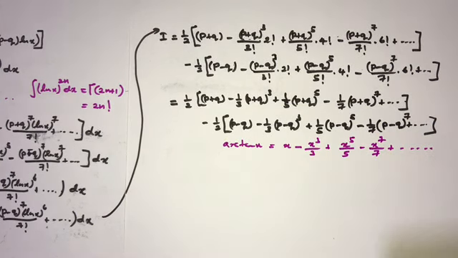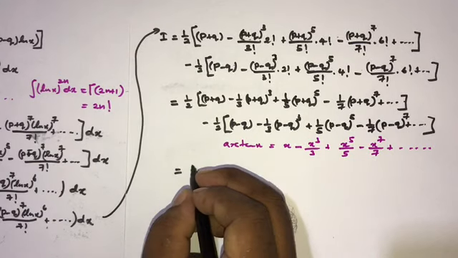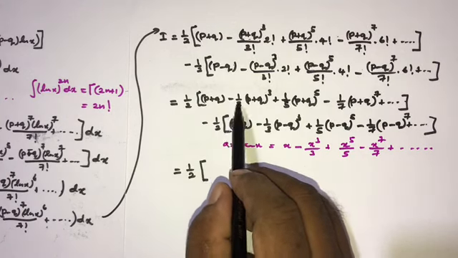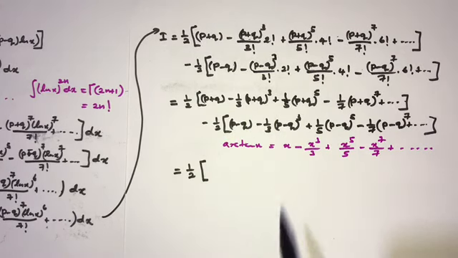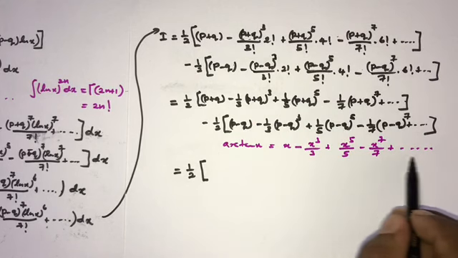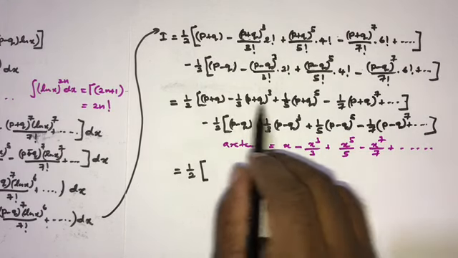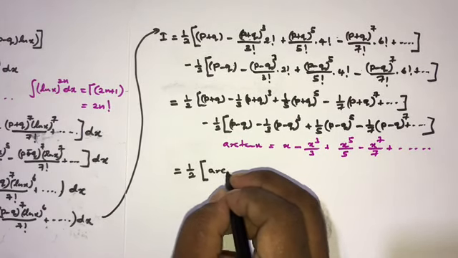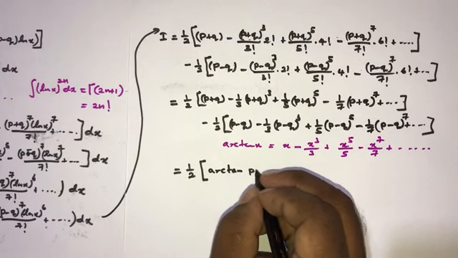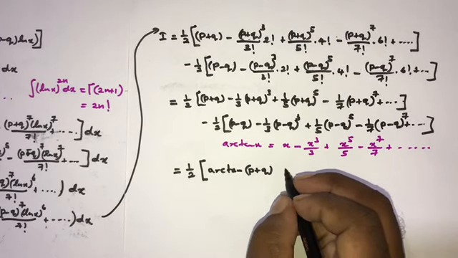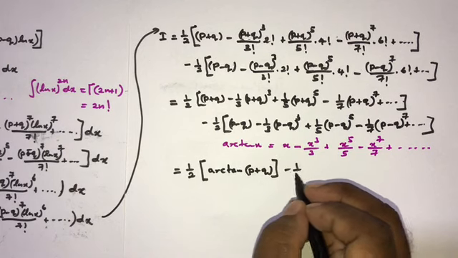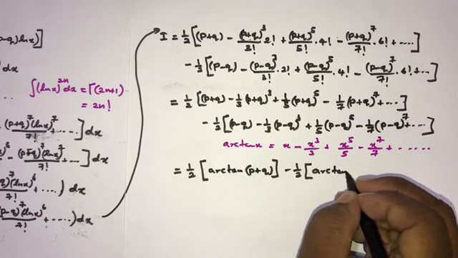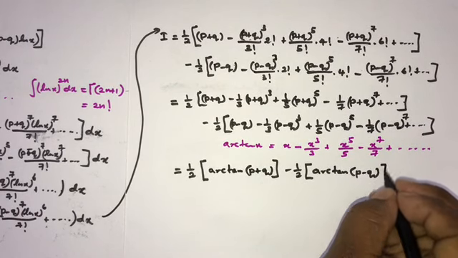Okay, now here we know 1/2 here now (p plus q) minus 1 over 3 (p plus q) raised to the 3 power, this is like this series. Okay, so we know this is the expansion of arctan of (p plus q), so we can write here arctan of (p plus q), then minus 1/2, this is also the expansion of arctan of (p minus q).